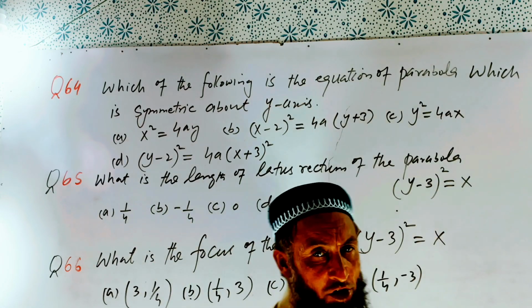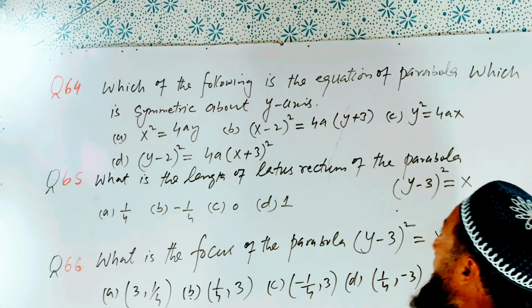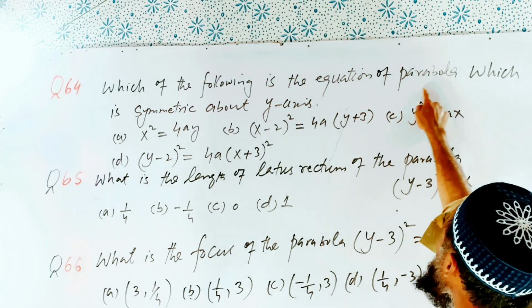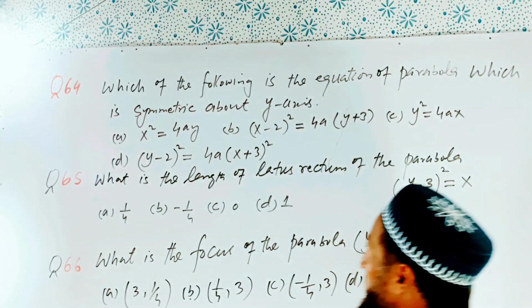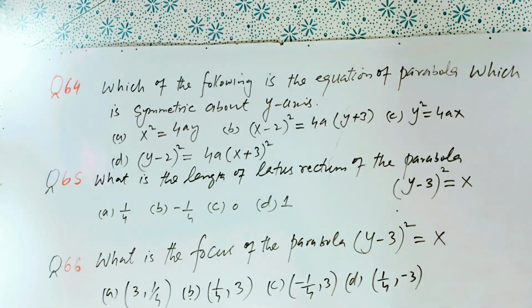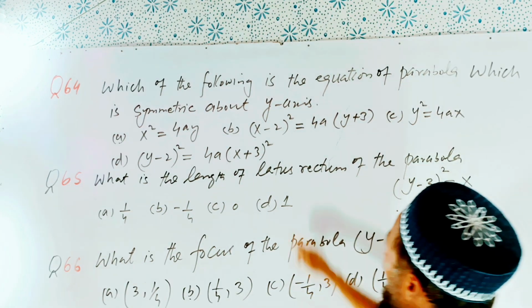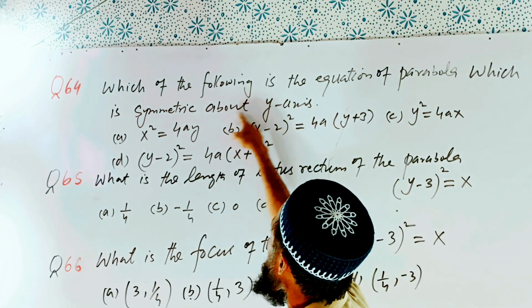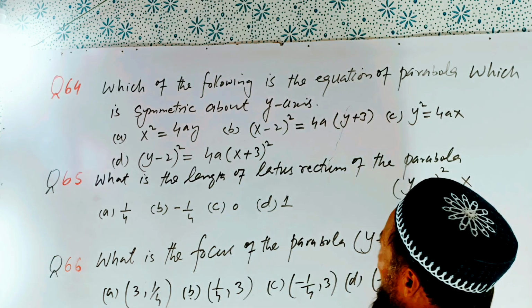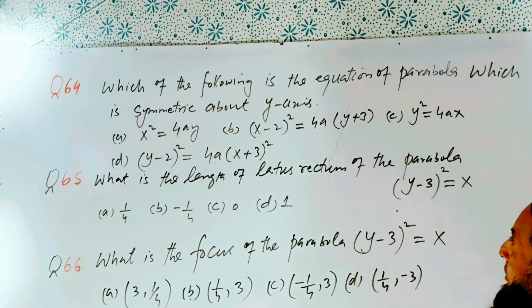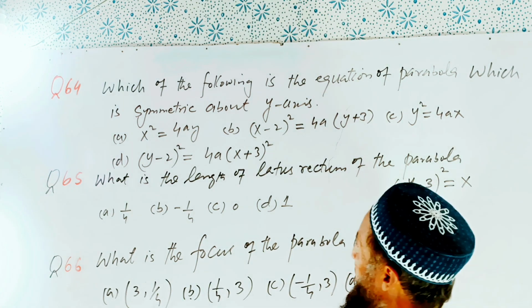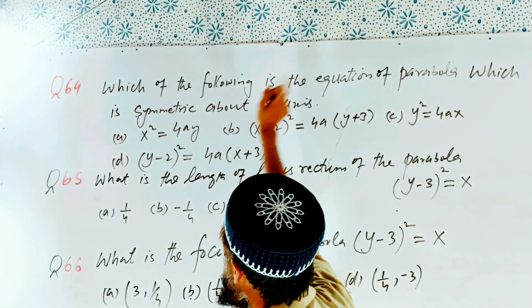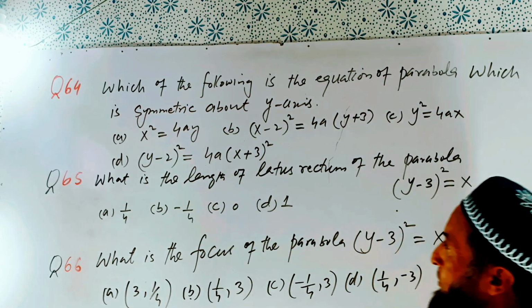Question number 64. Which of the following is the equation of the parabola which is symmetric about the y-axis? So look here, if we compare symmetric about the y-axis, it means that we put x is equal to 0. The parabola is along the y-axis. We check along the y-axis, then we put x is equal to 0.